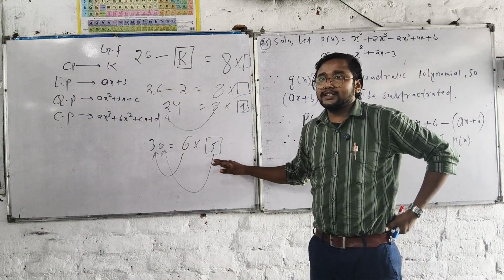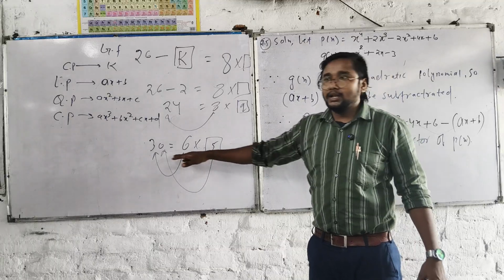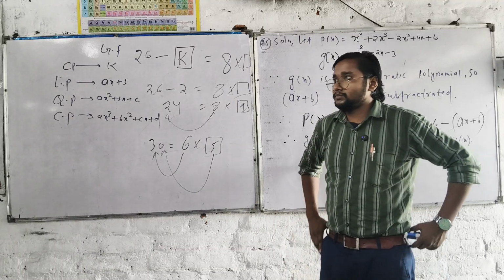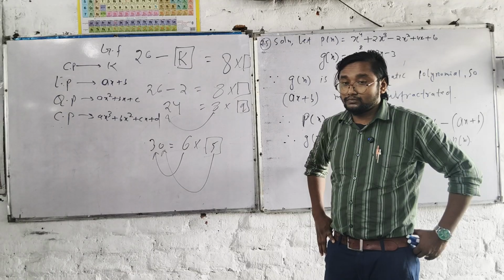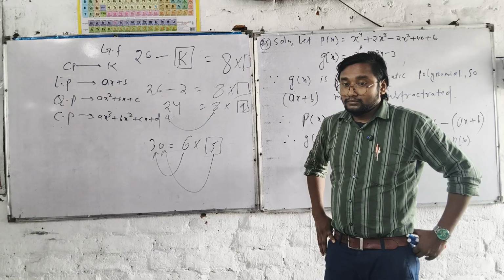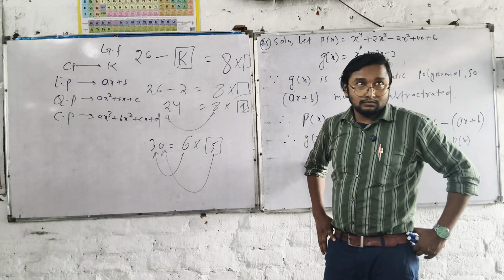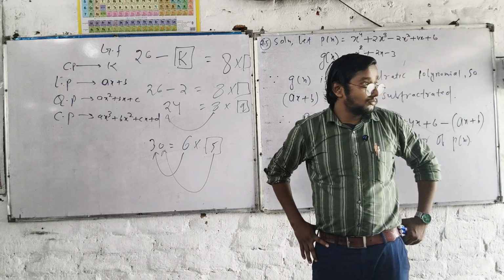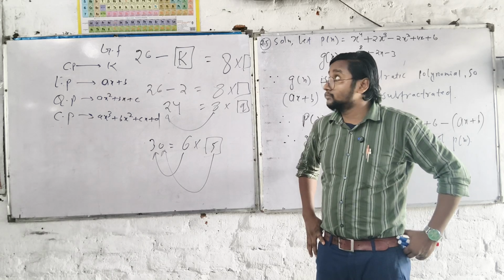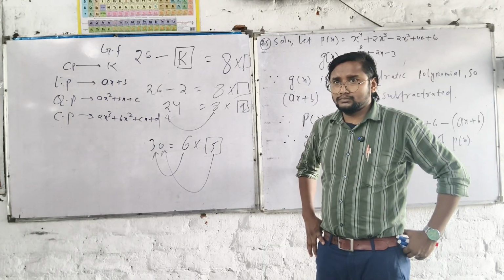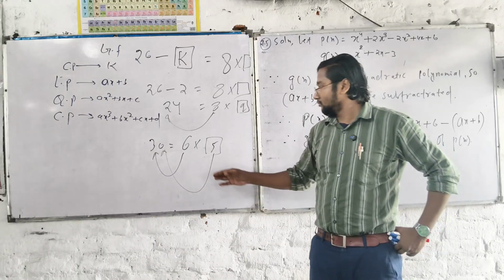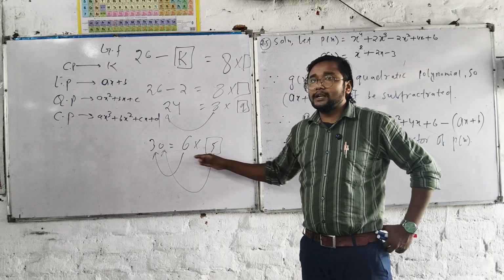6 equal to 30. 30 equal to 6 multiply 5. 30 equal to 6 multiply.